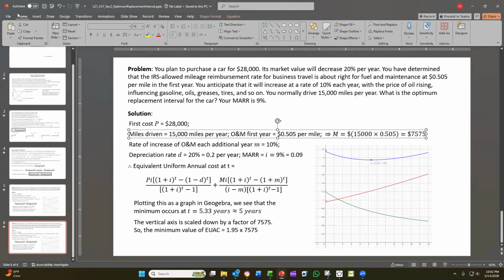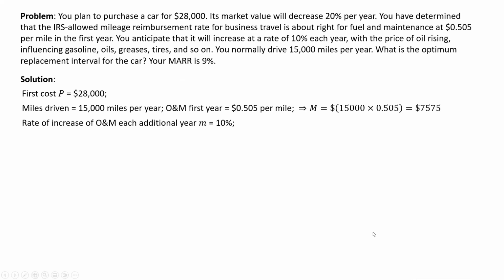With that, let me save this. And then, good. So that turns out to be $7,575 maintenance in the first year. And rate of increase of O&M each additional year, M is 10% because you anticipate that the maintenance cost will increase at the rate of 10% each year.